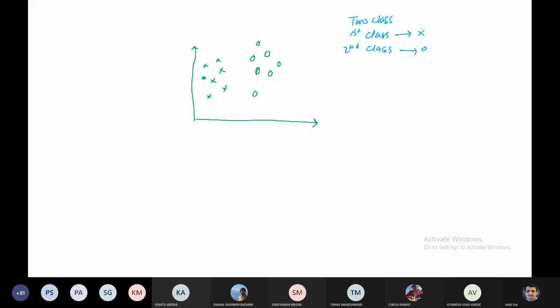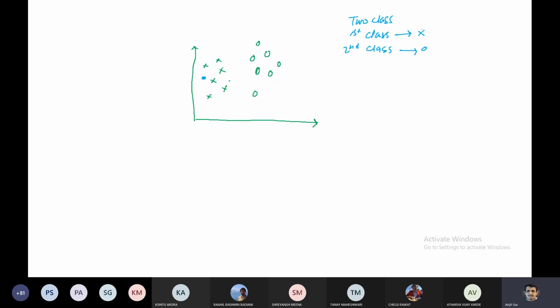Can I say it? Anybody? Could you repeat the question? The question is that this particular point is given as the new data point.